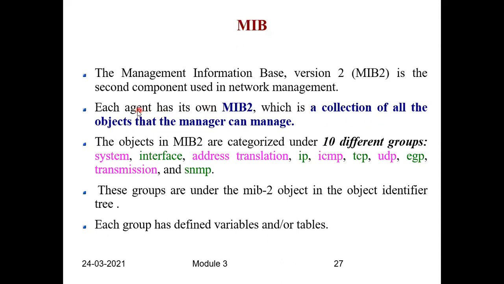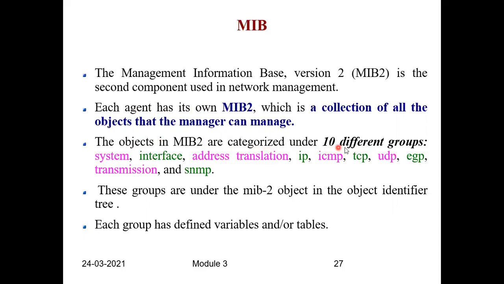In simple words, it's a collection of all the objects that the manager can manage. Now, the objects in MIB2 are categorized into 10 different groups. In one book, on one page, 11 different groups are mentioned. No problem, at least you need to remember the names of the 10.